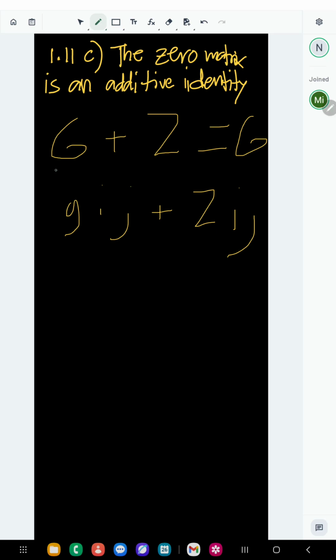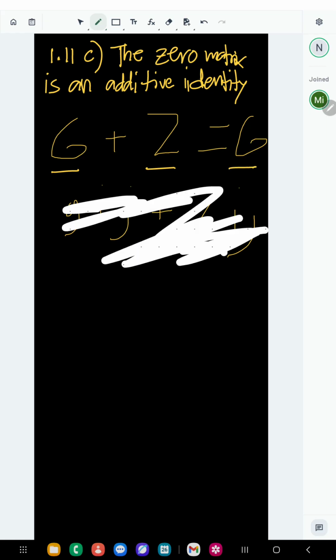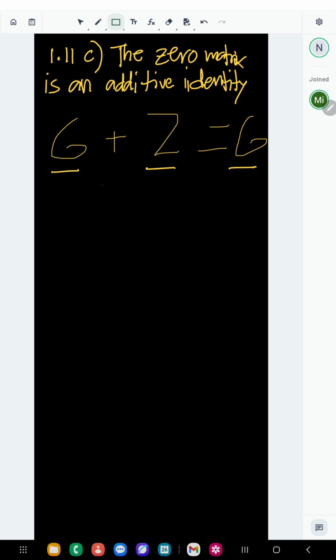You need to prove that this one, matrix G plus a zero matrix, is equal to matrix G. Okay. Yeah, why don't you write it on the paper and then take a photo of it and send it to me. Yeah. All right. This is what you wrote, okay?